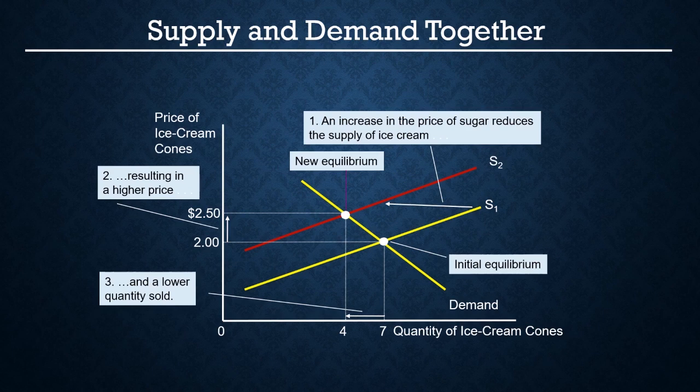It causes sellers to supply less ice cream. The supply curve shifts from S1 to S2, which causes the equilibrium price of ice cream to rise from $2 to $2.50, and the equilibrium quantity to fall from 7 to 4 cones.